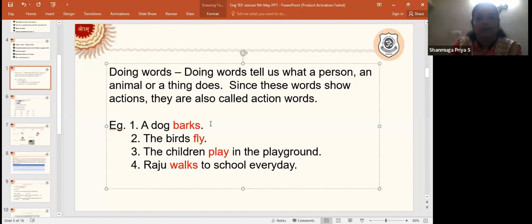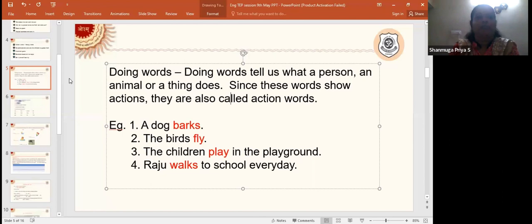So children would go and tell their parents too, and they will relate. Whatever action has been done at home also, they will say, "Amma, this is a doing word, and this is an action word." Okay. And we can ask them to observe too.